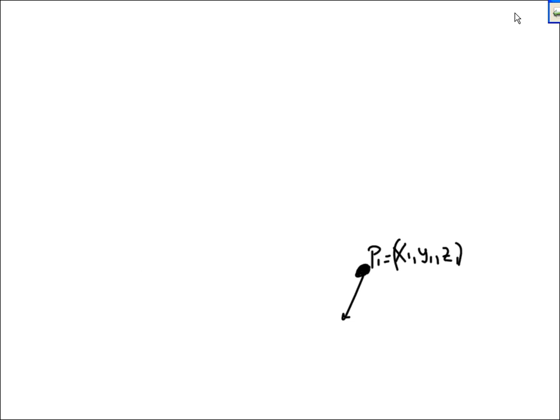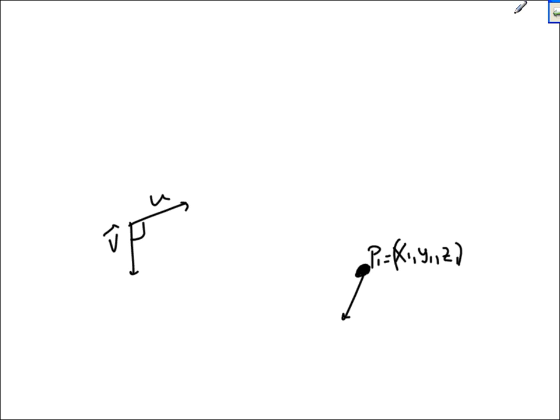All right, the next, well, I want to say one other thing first, please. If this vector and that vector, if the dot product is 0, that means it's the right angle. The dot product is 0 if and only if they're perpendicular. They meet at a right angle. They're orthogonal.